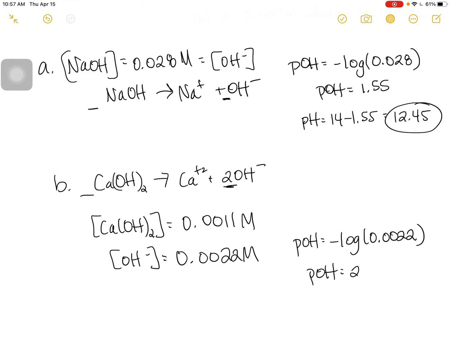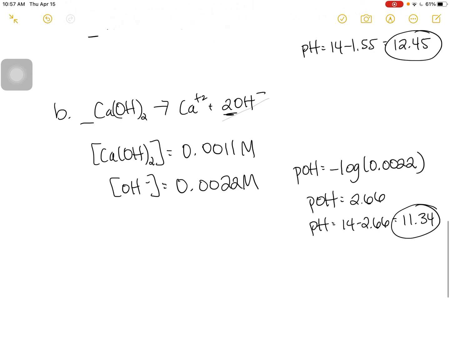So 2.66. Again, I'm looking for pH, so subtract that from 14. Again, a very basic pH.